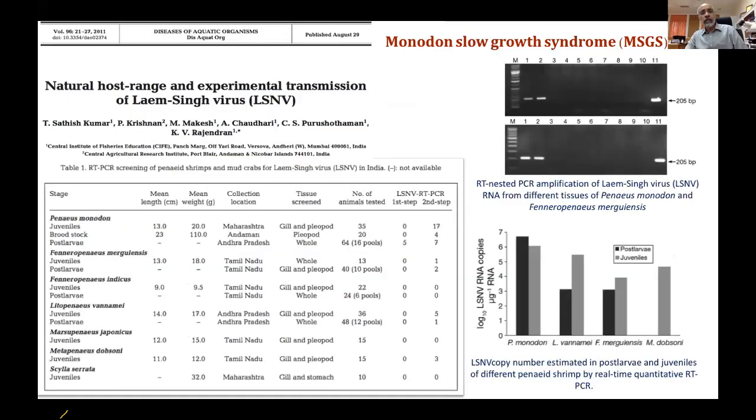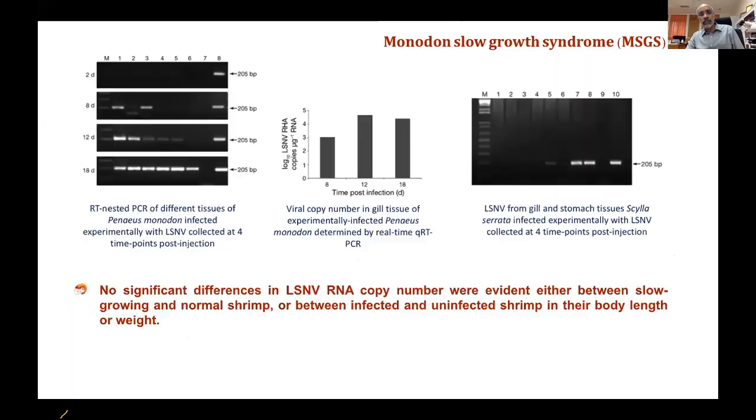So we have done a lot of work on LSNV. We injected LSNV into different crustaceans and found that it infects the majority of them. We infected the monodon with this, and we tracked the infection progress through real-time PCR.